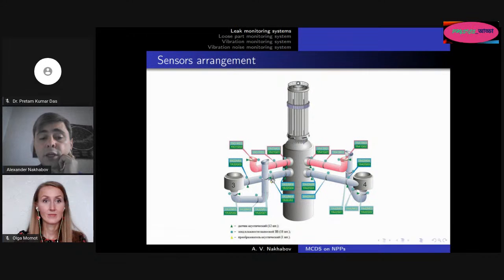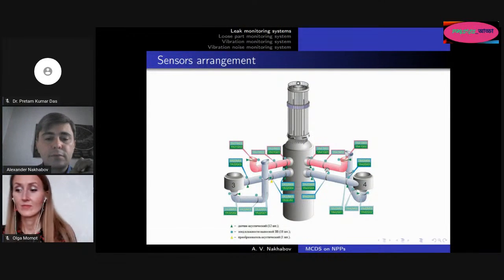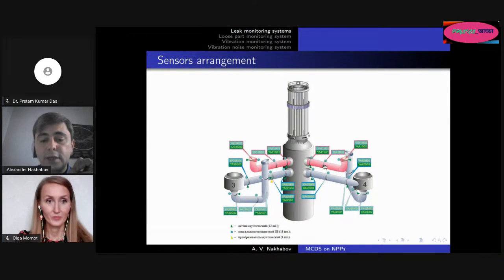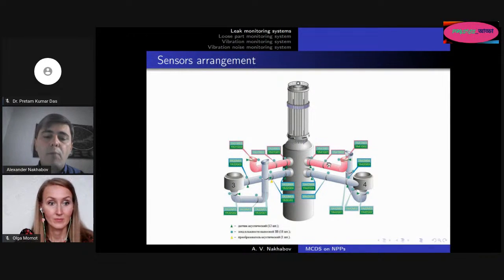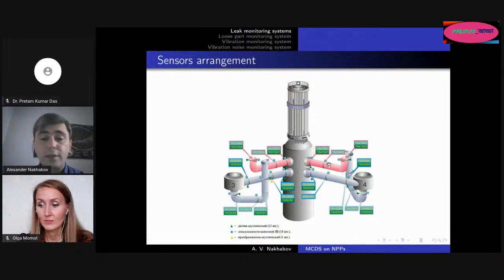So our idea is just to arrange sensors not in every place of the pipelines, because you see, first of all, on this picture, some rows on the pipelines. Actually, I guess those are welded joints. And of course, first of all, we want to find possible leakage through welded joints, because it's hard to imagine that a possible leakage will start in pure metal of the pipeline with no welding around.